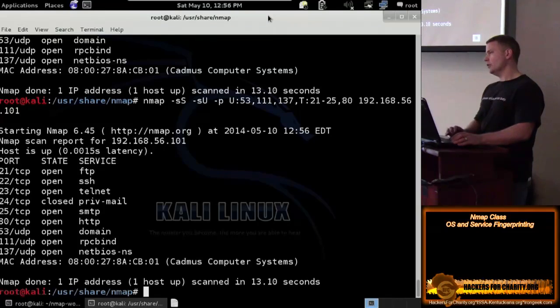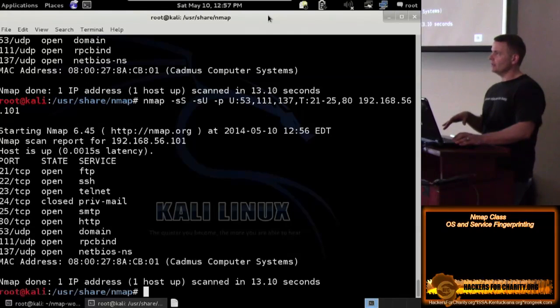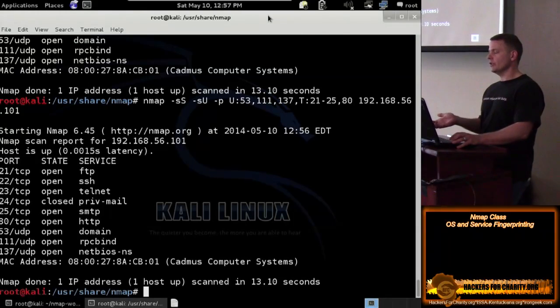When you're scanning big network ranges, a lot of this stuff becomes more important to be efficient, because any small mistake you make in the configuration, you'll never notice when you're scanning one host or even probably 256 hosts.